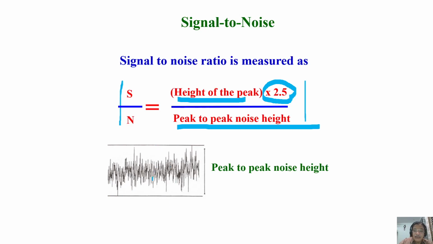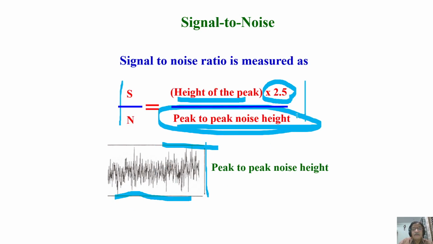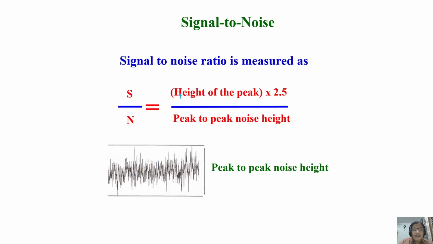Measure from this point to this point. That is the peak to peak noise height. Put that in the denominator. If I have a peak here like this and measure this height, this is the height of the peak. You understand? And then you calculate the signal to noise ratio.